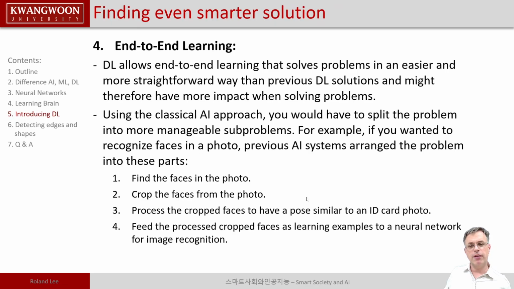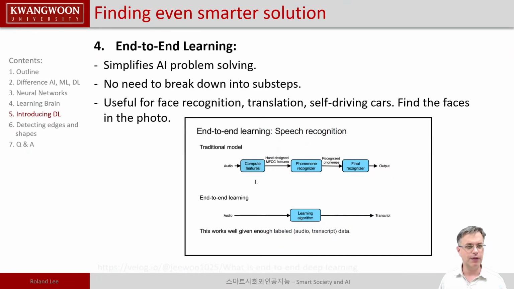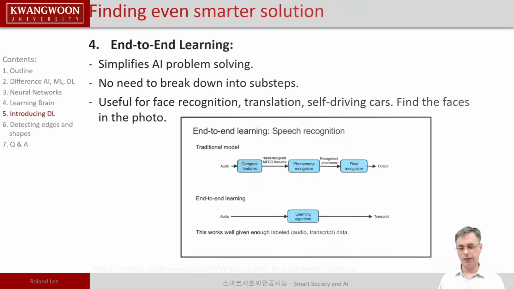Detecting edges and shapes from images, and now this is interesting. If we go into that, here we have it. So end-to-end learning, useful for face recognition, translation, self-driving. And you see here the computed features phenomenon, so basically the traditional model, and here you see the end-to-end model as well.